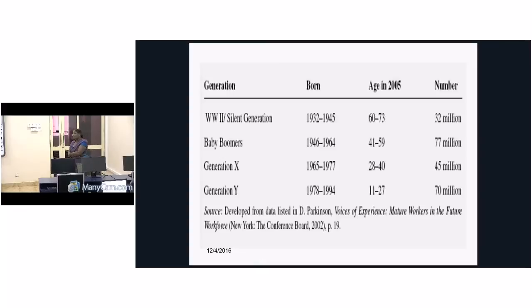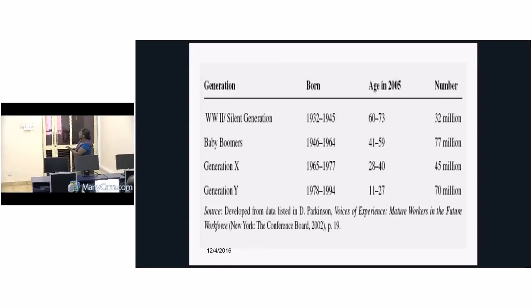And again generation E is also there. They are not in the labor force, but they are in the society. The children who were born from 1995 to 2005, 2010 are called generation E. Electronic generation, born with electronic technology.